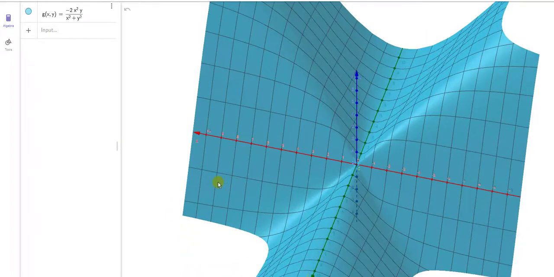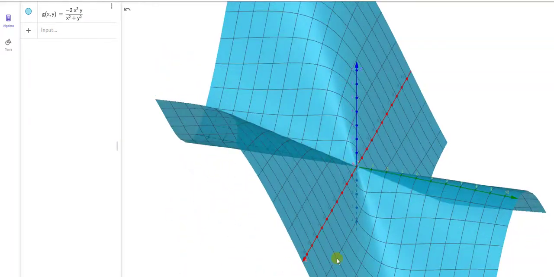Let's check that. Here's our positive x-axis, here's our positive y-axis. If I were to approach along the y-axis, for instance, my z values seem to always be nearing 0. Same thing if I approached along the x-axis. My z values always seem to be approaching 0.